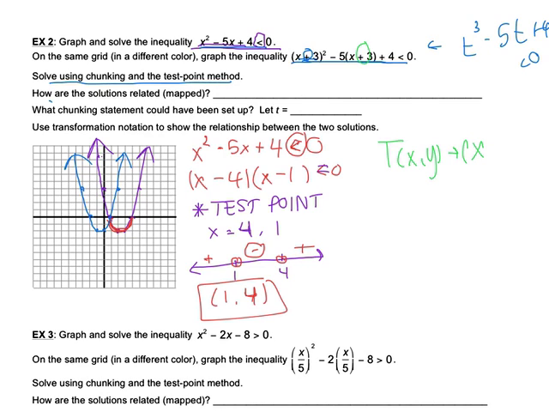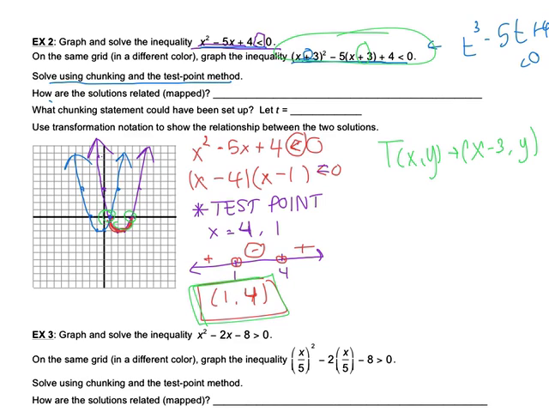We actually subtracted 3 from x's, and we did not change the y's. So if we know the solutions to that inequality, which we know is everything between 1 and 4, then the solutions to this inequality is going to be exactly the same except applying this transformation on the values.